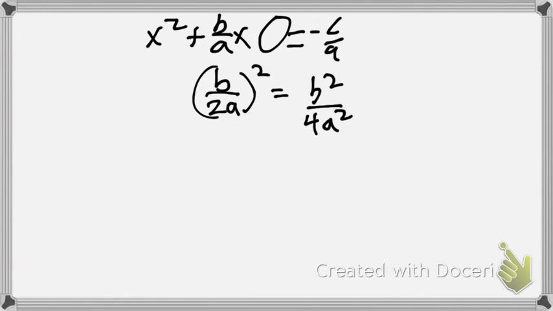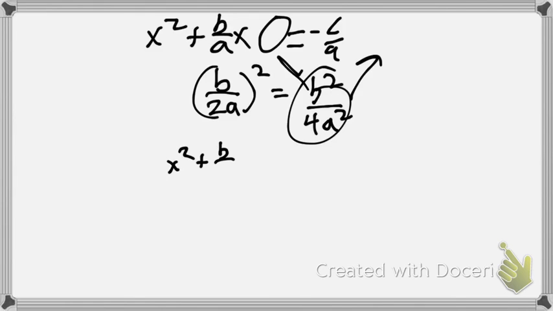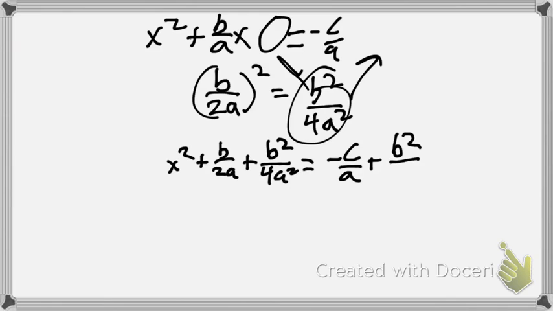We end up with b squared over 4a squared. So what we do then is we add that to both sides. So we end up with x squared plus 2 times b over 2a x plus b squared over 4a squared equals negative c over a plus b squared over 4a squared.